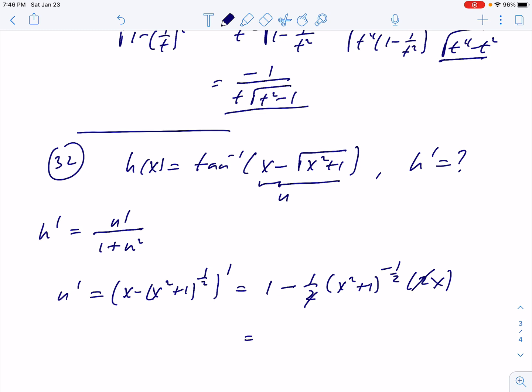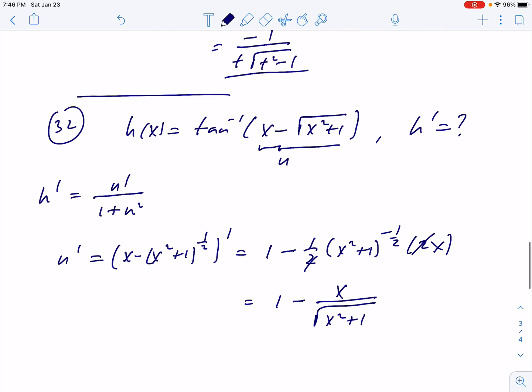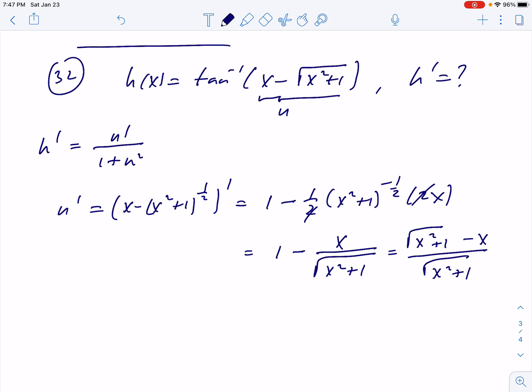This will be 1 minus x over, I shall return to the root notation, root x squared plus 1, like that. And because later we have to divide this by something, it's good to write a common denominator, to put it like a quotient. It will be root x squared plus 1 minus x over root x squared plus 1. So this expression is our u prime.